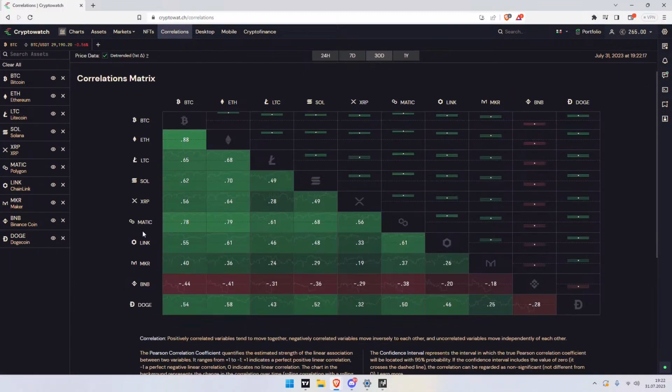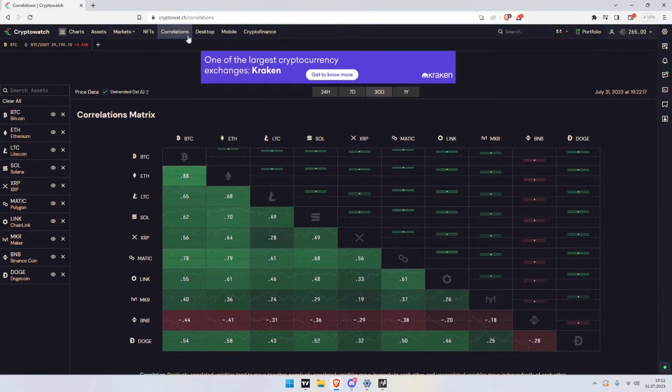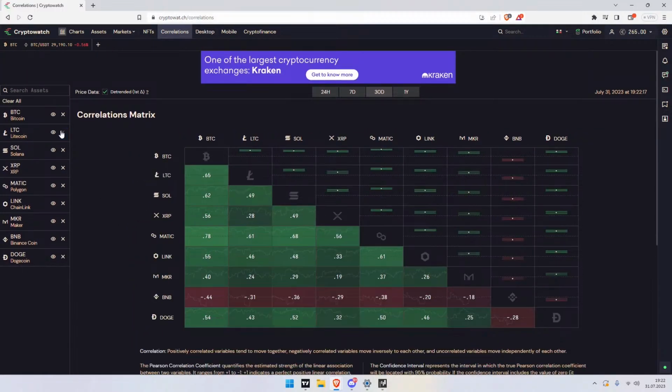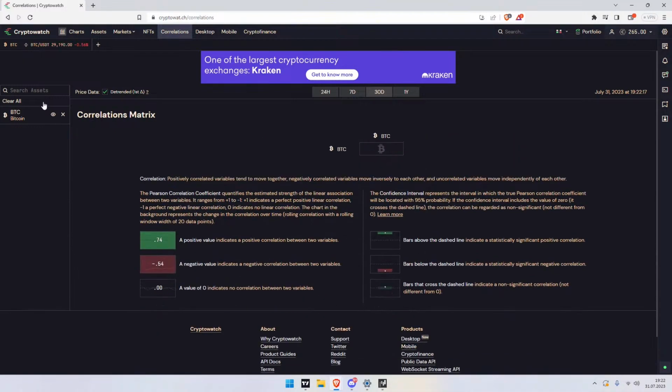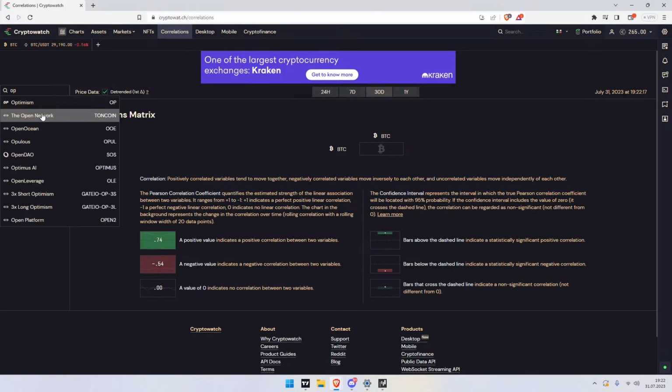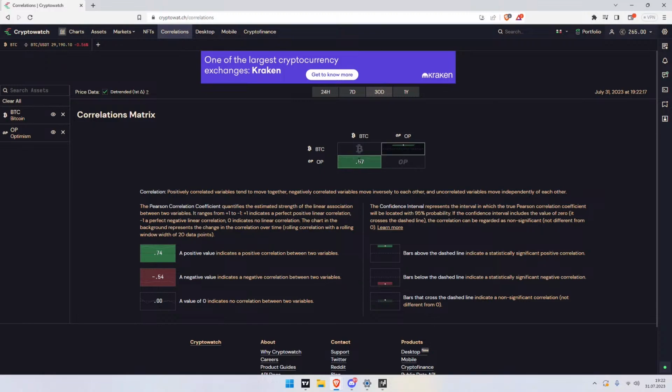What I like to do generally, because I don't really day trade all that much, is look at the CryptoWatch correlations and simply add the coin I'm interested in trading. I generally like to go to the 7-day or 1-day correlation. Seeing this number under 0.5 is a good thing for your trade.